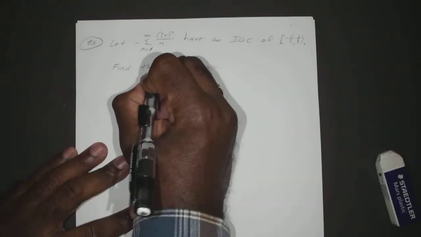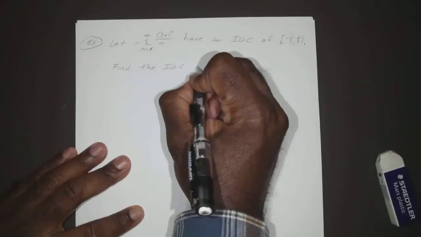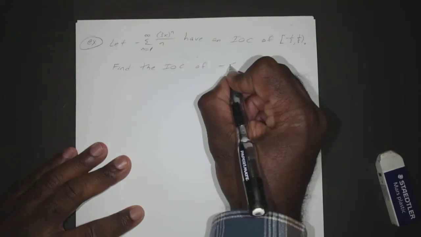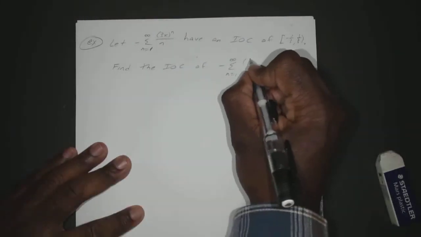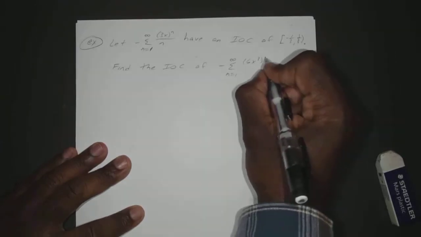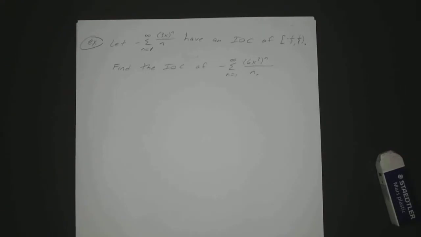Okay, so we're going to find the interval of convergence of the negative sum from n equals 1 to infinity of 6x to the third to the nth power divided by n.